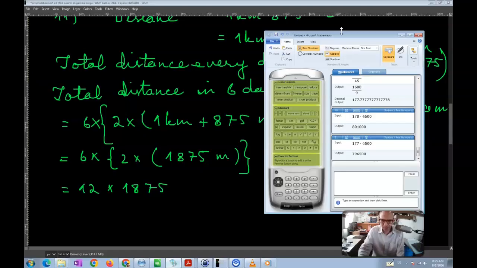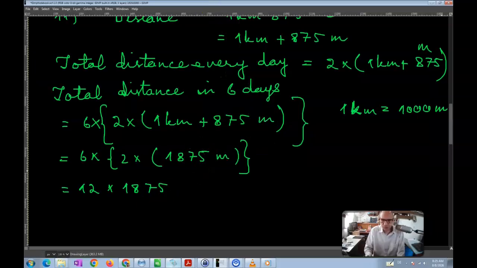1875 times 12 is 22,500. So that's 22,500 meters. We will see all of these in the units, and I don't want to take too much time over here.